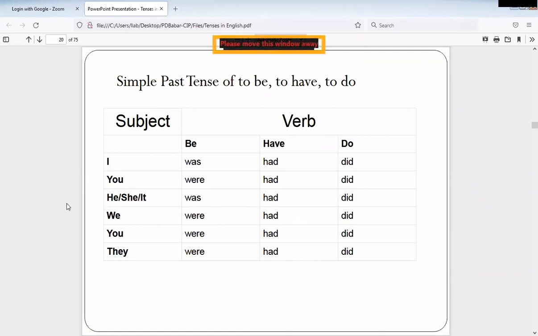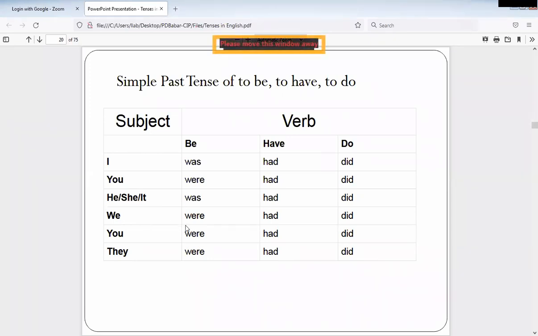For I we will use was: I was, I had, I did. Then you were, you had, you did, then he was, he had, he did, then we were.